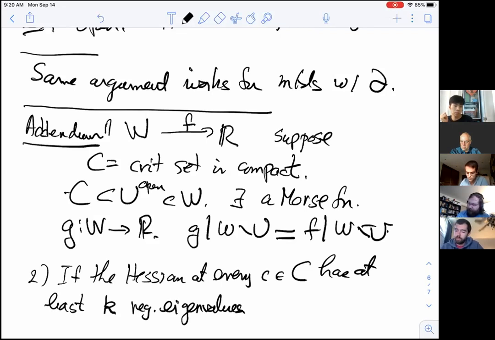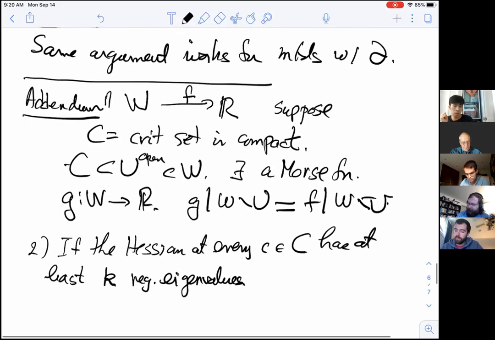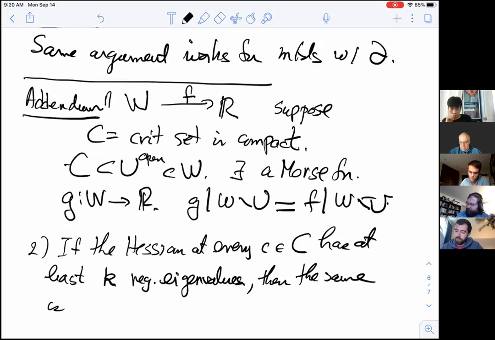So if the Hessian at every point of this critical set has at least K negative eigenvalues, so its index is at least K, then the same is true of the approximating Morse function.